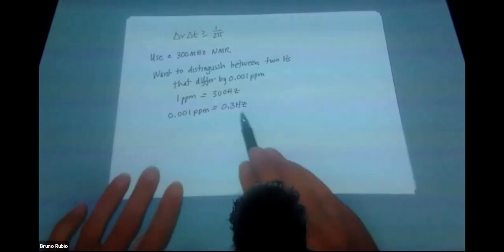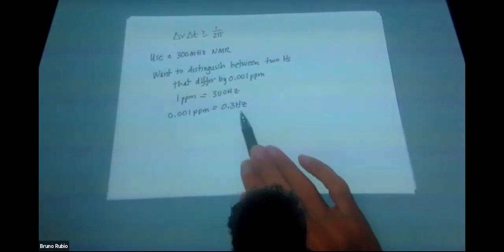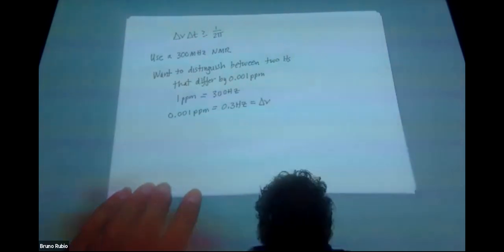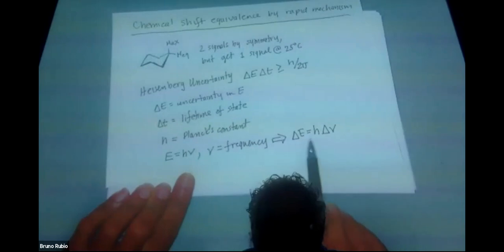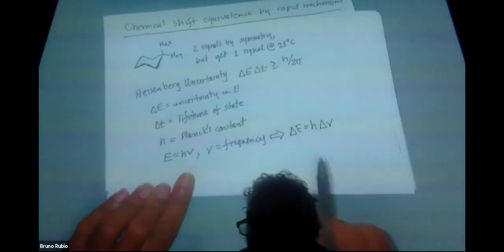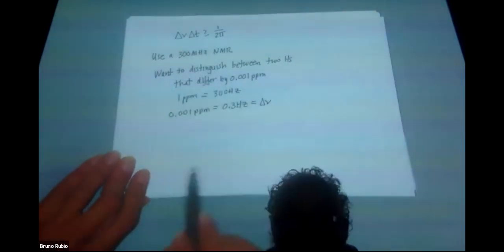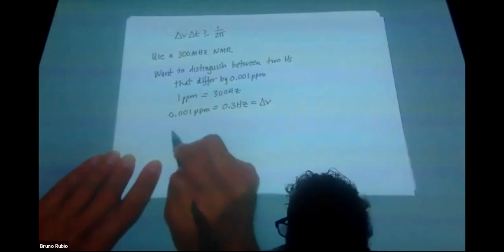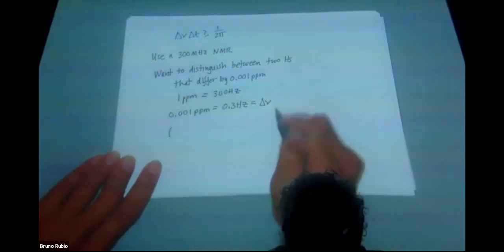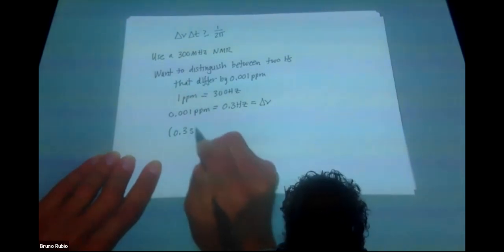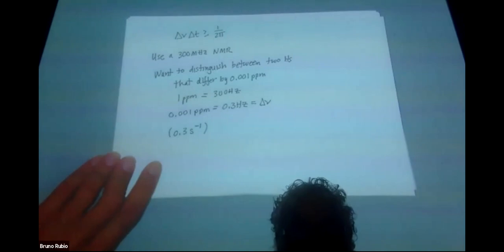And so this uncertainty in the frequency, that's the delta nu in that equation that we previously came up with, which is this up here, right? The delta T. Okay, so now let's plug all of these numbers into this uncertainty relationship, and we see that 0.3 hertz, that's the same as per second, right?